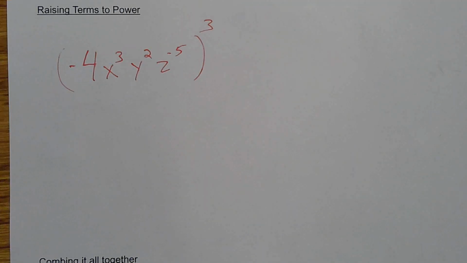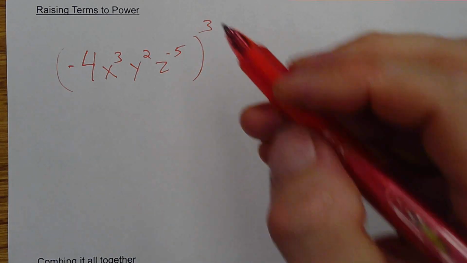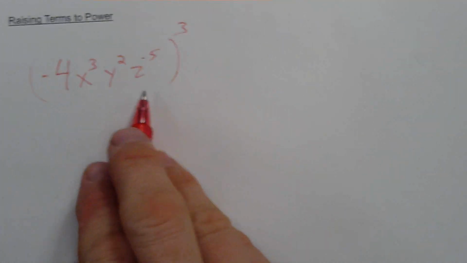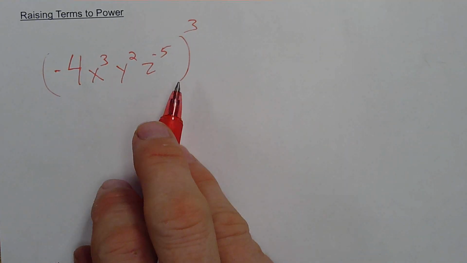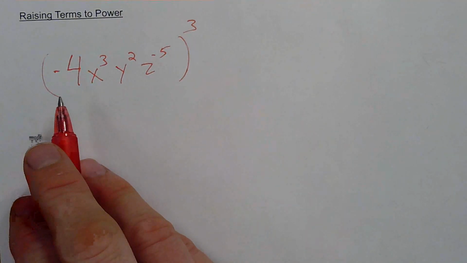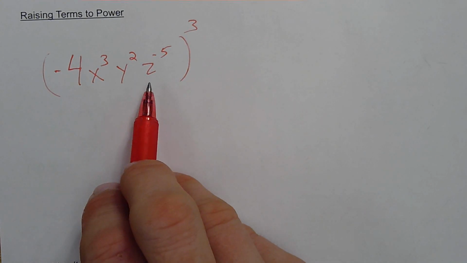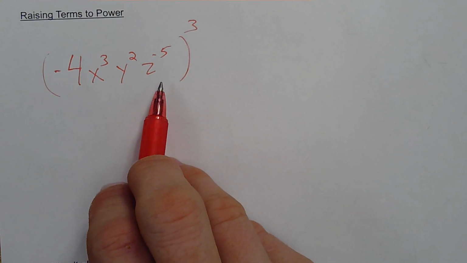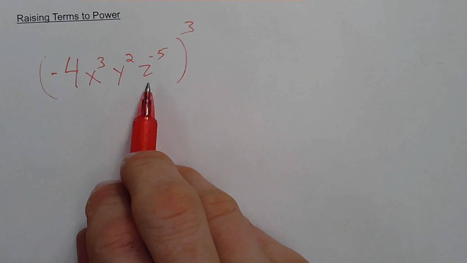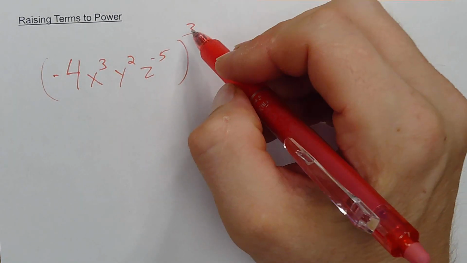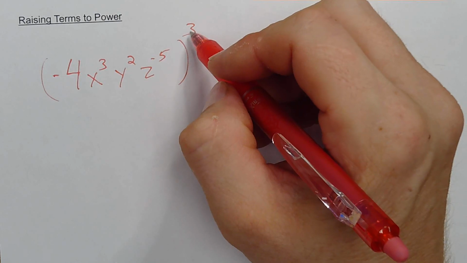We're going to do PEMDAS, remember? Everything inside first. There's nothing inside to distribute to or simplify. So next we do exponents. We take this 3 and apply it to every term inside.